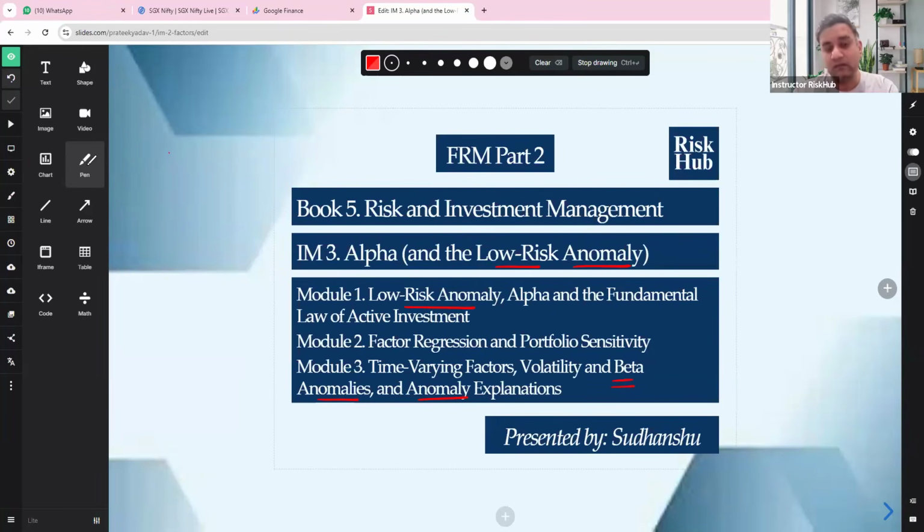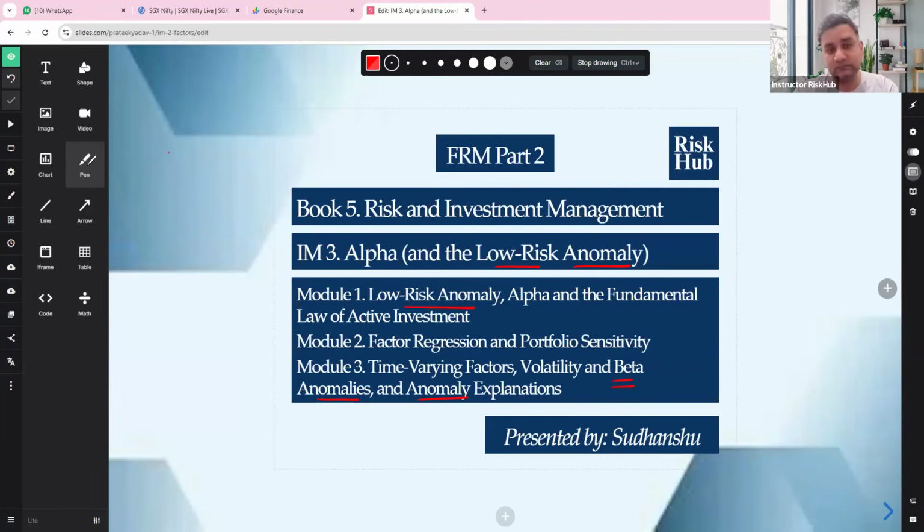So why does this matter in your FRM Part 2? Because this topic links investment management with risk management. Portfolio managers care more about alpha generation. Risk managers care about whether your returns are coming from hidden factor exposures, leverage limits, behavioral biases, or model failures.